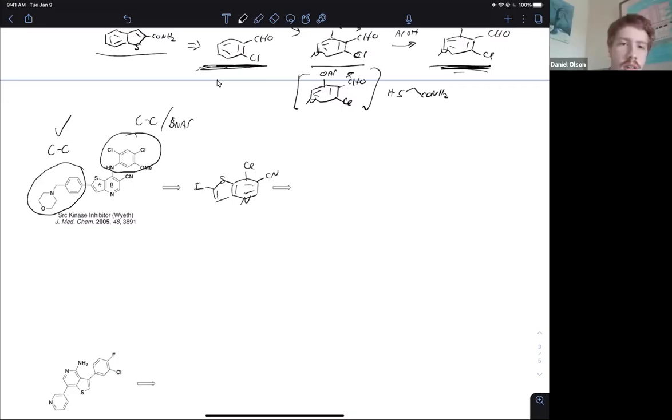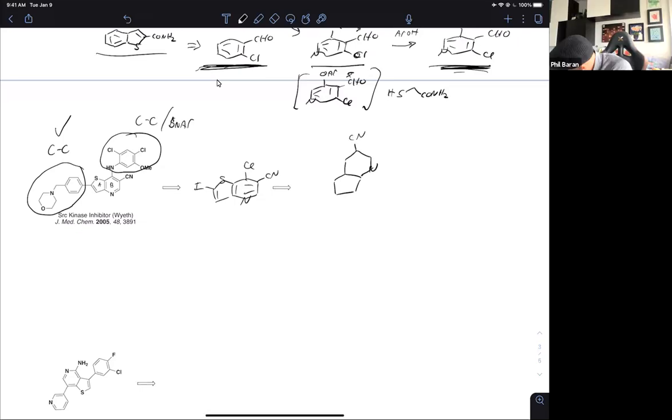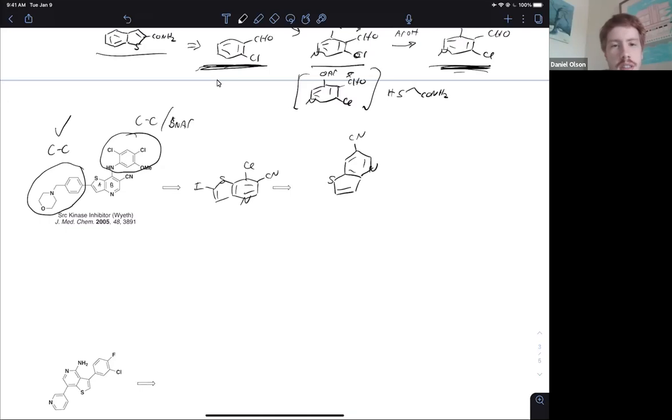I would say, I got to get rid of something. So what am I going to get rid of? I guess the chlorine, because that's pretty activated there.